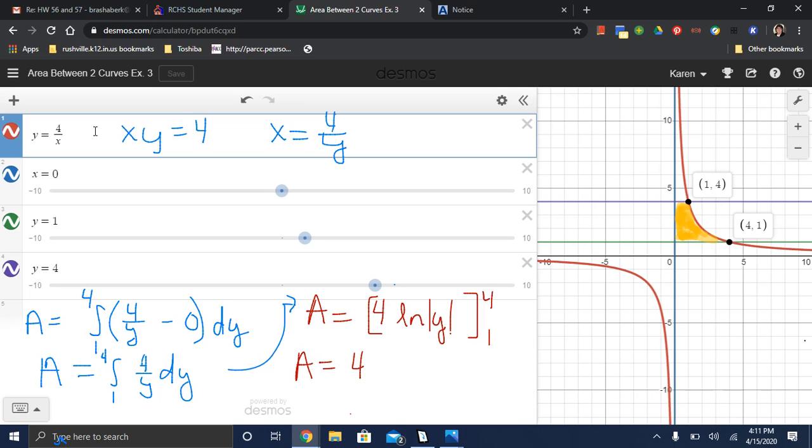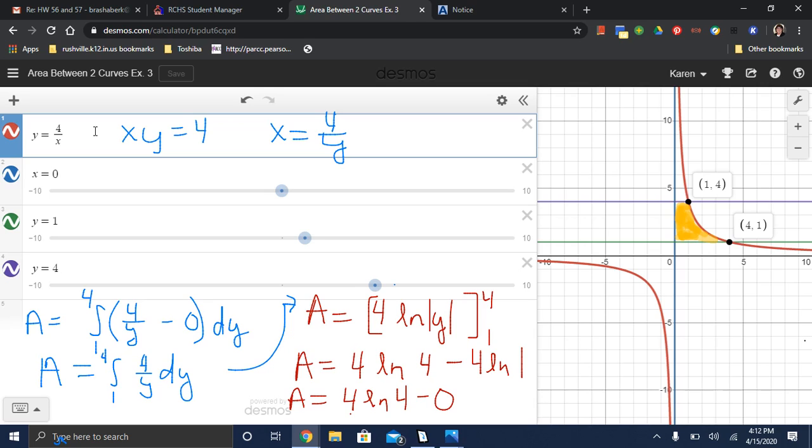This will be 4 times the natural log of 4, and now you don't really need the absolute value because you're putting 4 in, which is positive, minus 4 times the natural log of 1. And depending on what kind of answer is required, this would be 4 times the natural log of 4 minus, and then the natural log of 1 is 0. And so that's 4 times 0. So this is just minus 0.